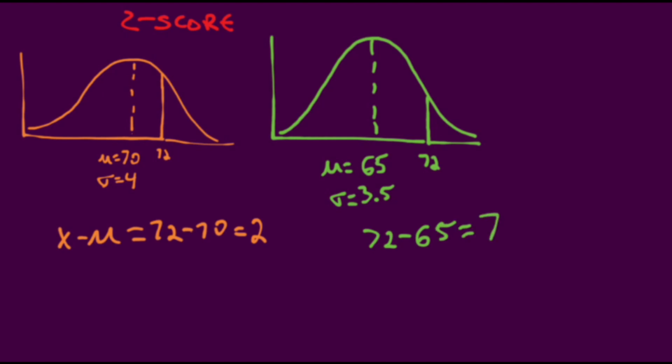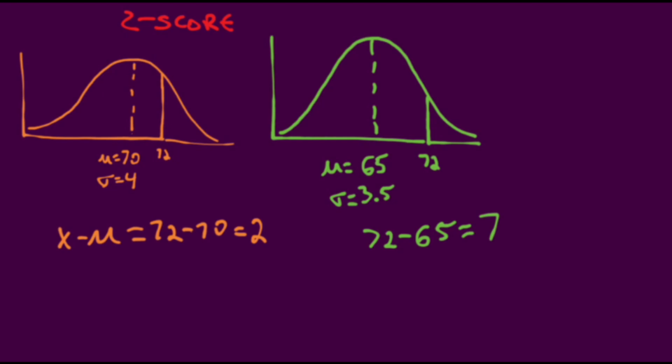So that's helping to put it into context. We know that's 7 inches taller than average and 2 inches taller than average. But what the z-score does is bring that one step further and compare it to the standard deviation. Now, in this scenario, it's probably not that important to compare it to the standard deviation, but we'll talk about another example in a moment that shows why this extra step is so helpful.